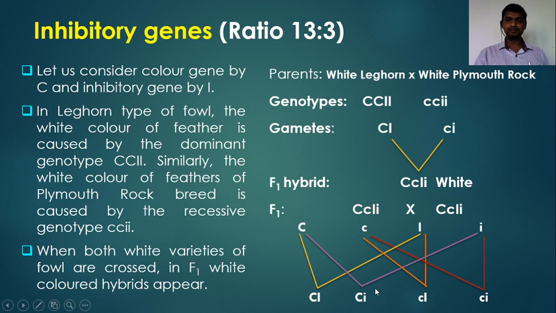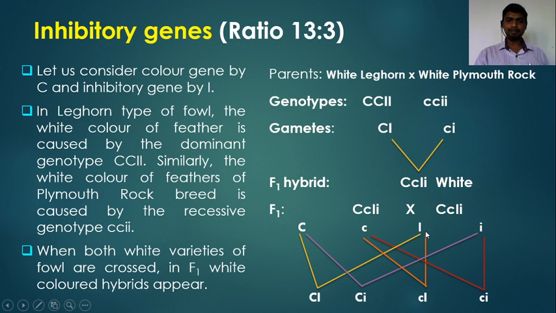So these are the gametes produced by the parents in F1 inbreeding or F1 selfing. The alleles of one parent I have to write separately: capital C, small c, capital I, small i, and make the combinations here.